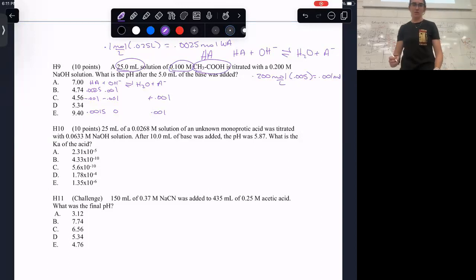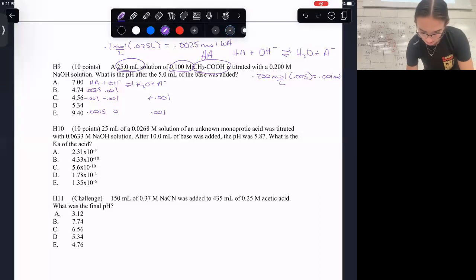Yep, so we could say that we have an equilibrium where we have HA and A minus.